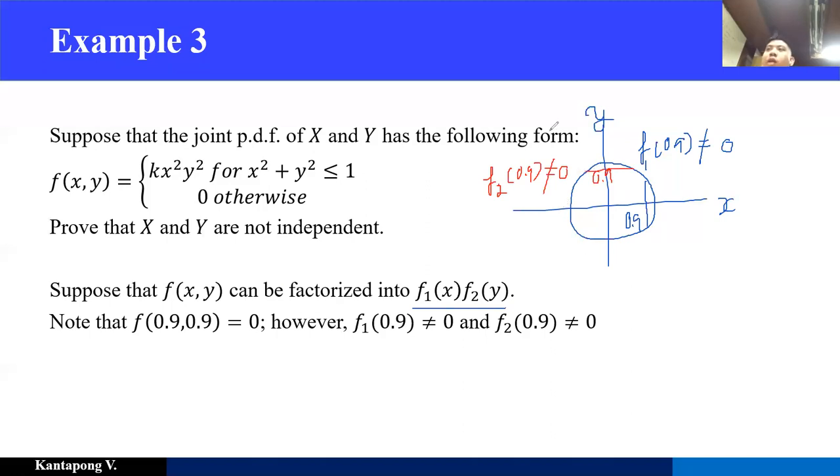But if both are 0.9, they are here. So this probability is 0 because it is not in the support. So the joint is equal to 0, but the product of the marginals is not equal to 0. So we cannot factorize that.